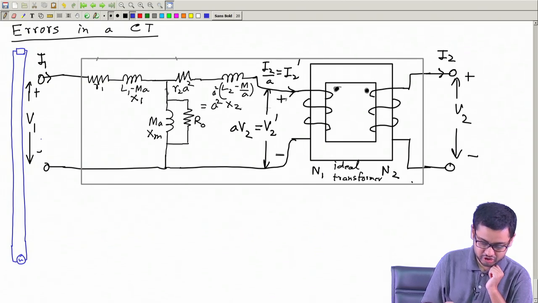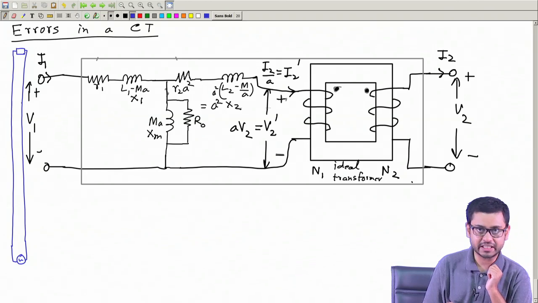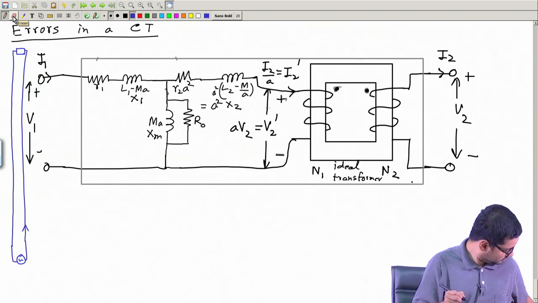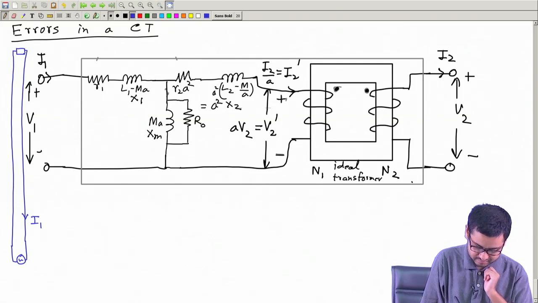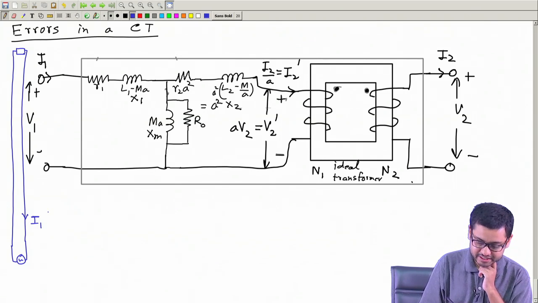This is a long transmission line, and I want to measure the current in this long transmission line, call it I1. Okay, then how do we measure it?